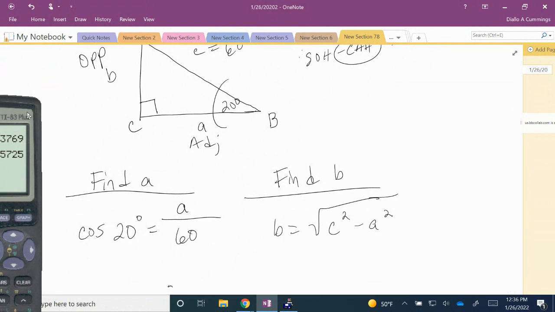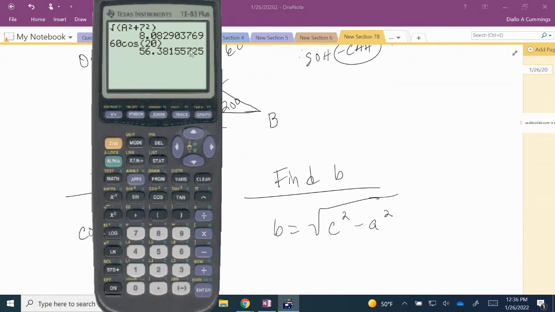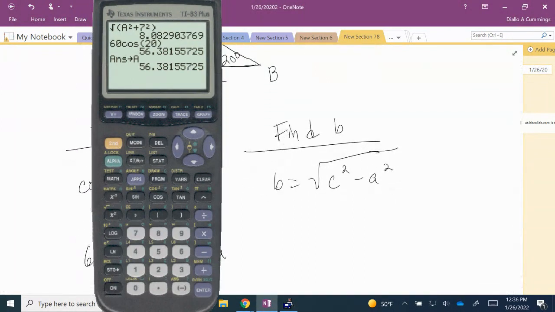Again, I'm going to take that previous value, 56.3815..., and store that for A. And then I'm just going to write this out.